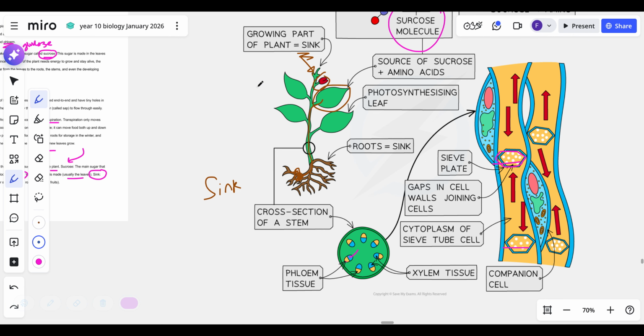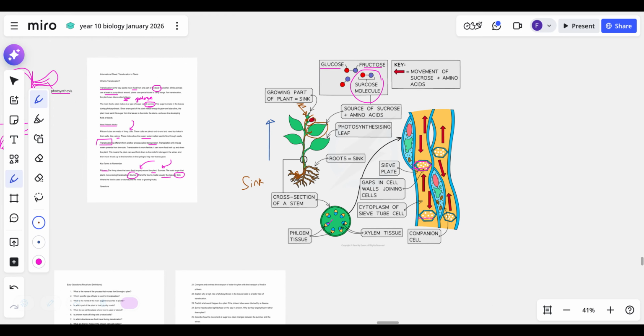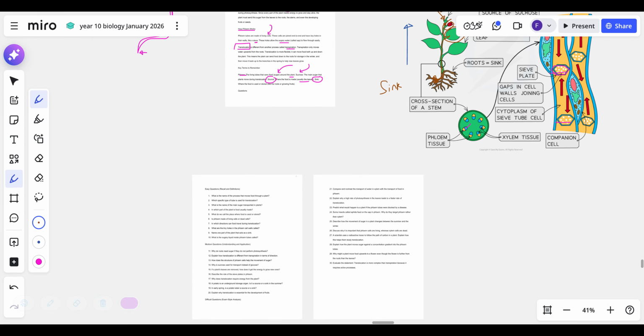Transpiration only moves upwards, up the xylem vessel. But for translocation, it has to move both up into the growing root tips, shoot tips, growing flowers, and down into the root tips that are underground and can't photosynthesize, and into a potato, into the tuber. Okay, there's an absolute ton to remember there.